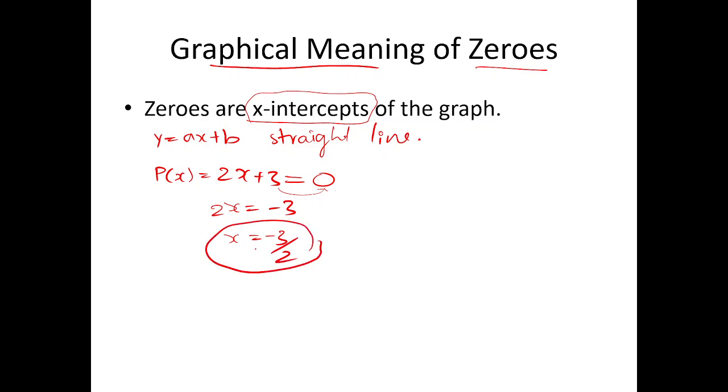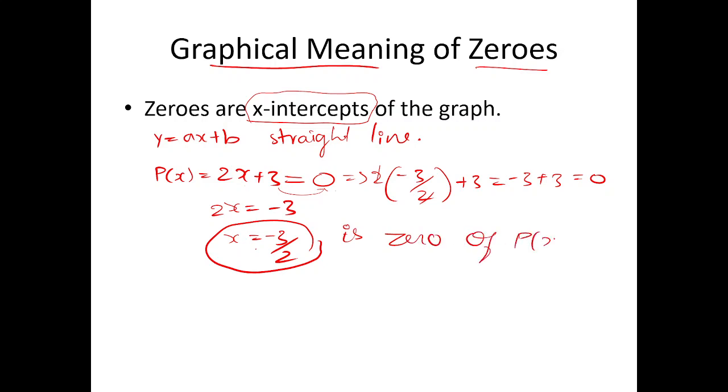When we substitute x as minus 3 by 2 in this polynomial, the value becomes 0. Verify here, 2 into minus 3 by 2 plus 3, which is equal to, this 2 gets cancelled, minus 3 plus 3 equal to 0, right? So x equal to minus 3 by 2 is the zero of the given polynomial 2x plus 3. This is how we find it algebraically.